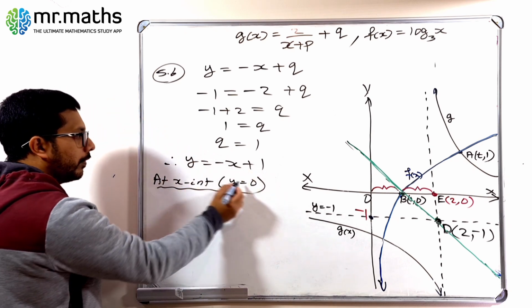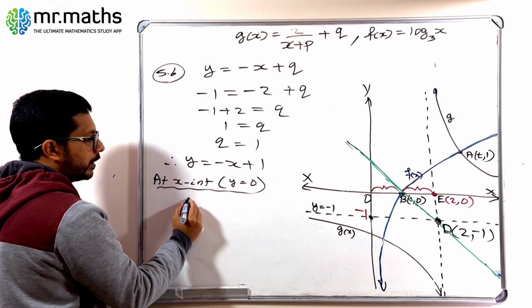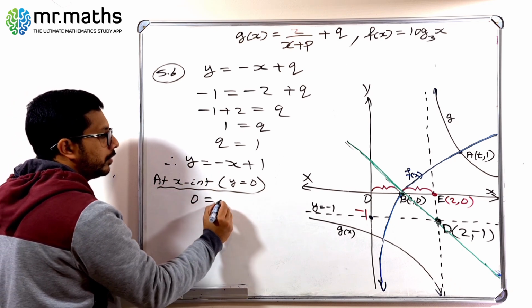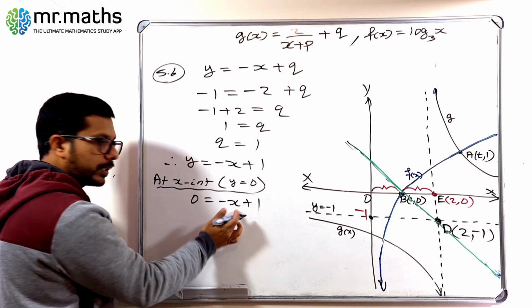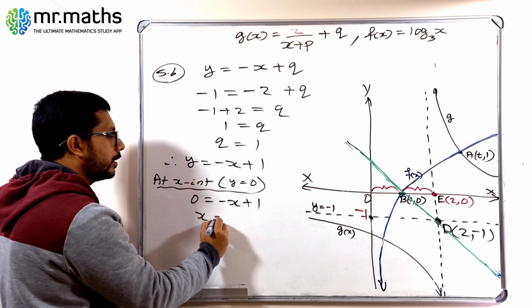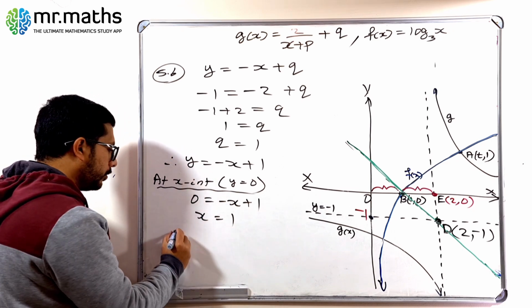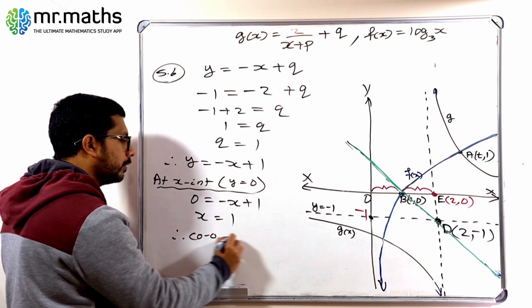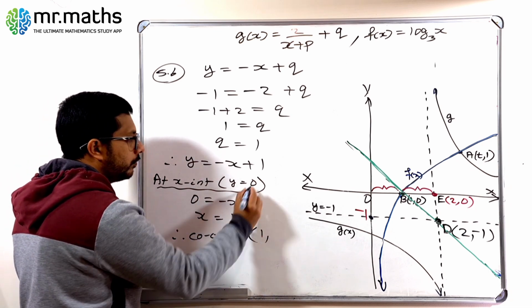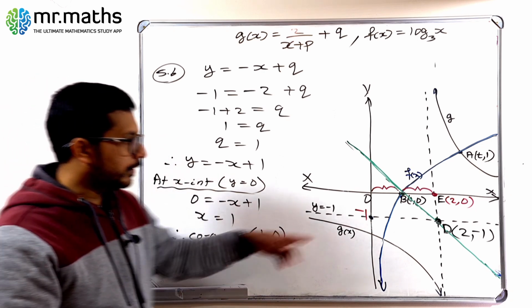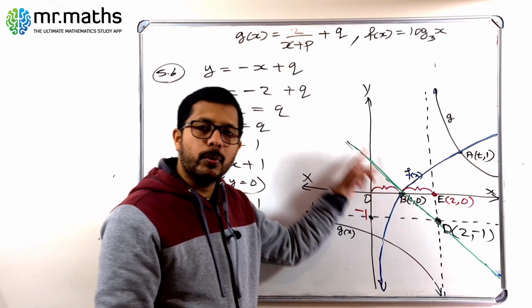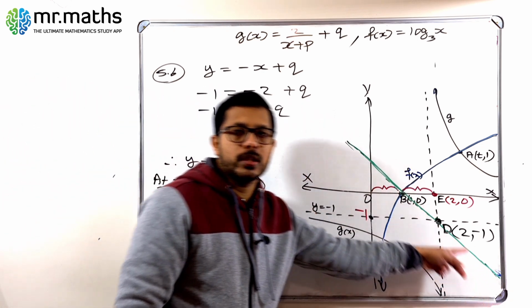So what is x? y = 0, so 0 = -x + 1. Take this -x to this side, so x is equal to positive 1. Therefore the coordinate is (1, 0).